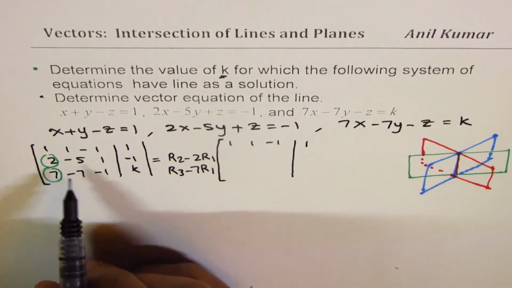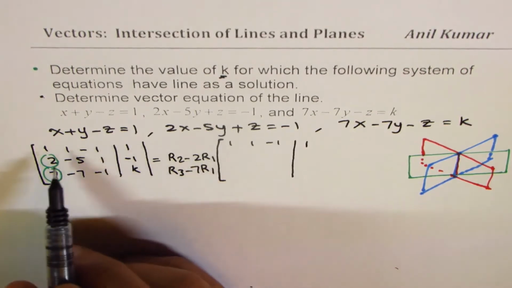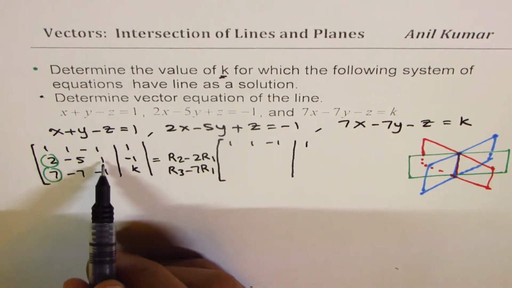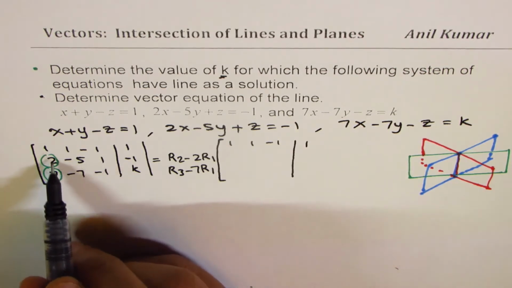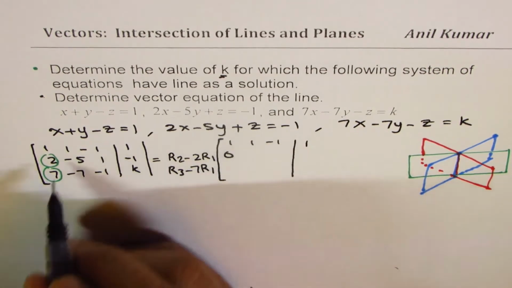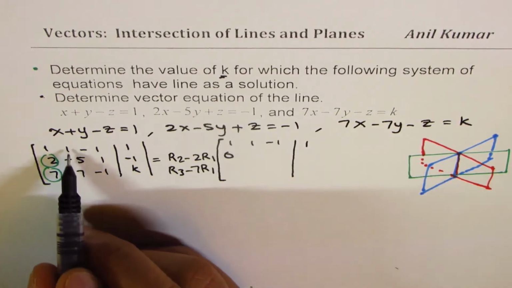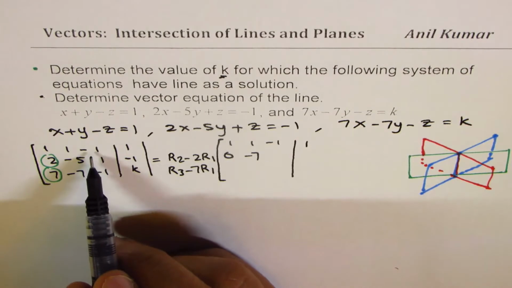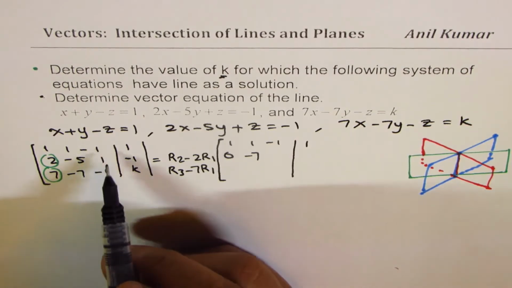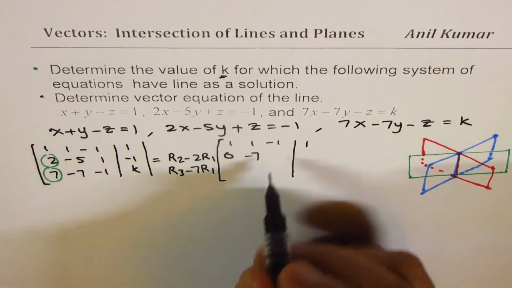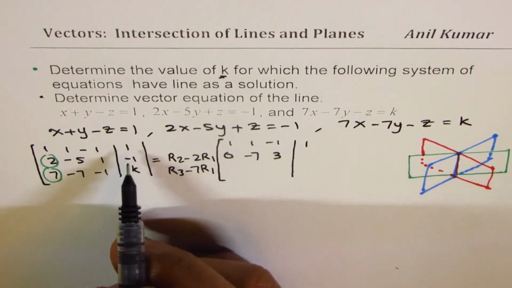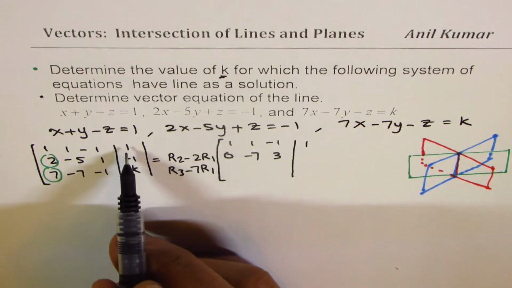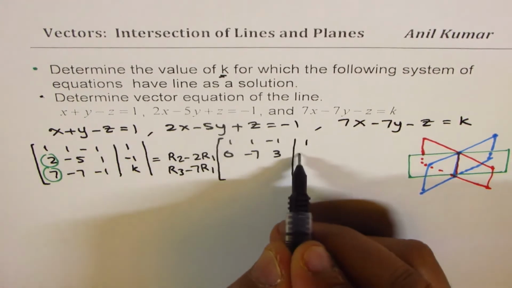For the second, 2 from 2 gives 0, minus 2 minus 5 gives minus 7, and minus 2 times minus 1 is plus 2, plus 1 gives 3. Then minus 2 and add, giving minus 3.